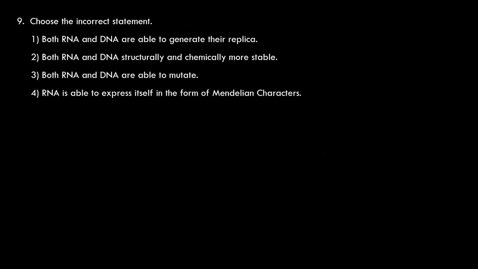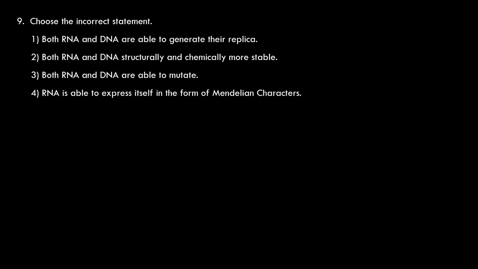Choose the incorrect statement. Both RNA and DNA are able to generate their replica. This is the correct statement, but you have to choose the incorrect one. Both RNA and DNA are structurally and chemically more stable. No. Only DNA is more stable, RNA is less stable because RNA is single stranded, with no nitrogen base complementarity usually, only at certain places it may be.